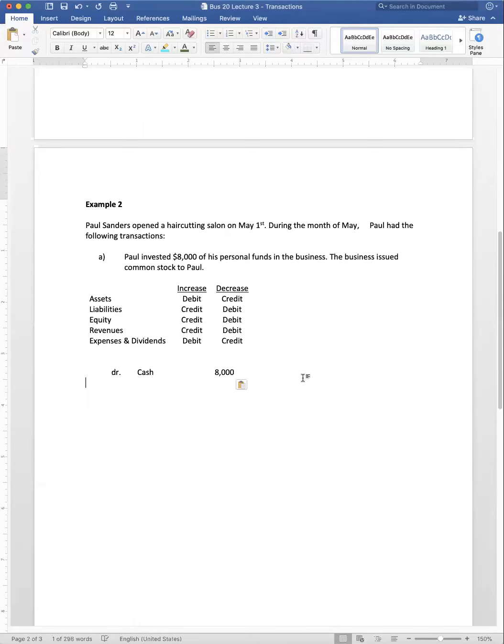Now, what else is involved? Well, the business issued common stock to Paul. All right, now common stock, that is part of equity, right? Now the company had nothing. Remember, all companies start with 0 in everything. So the company had no stock, and now they've created stock.